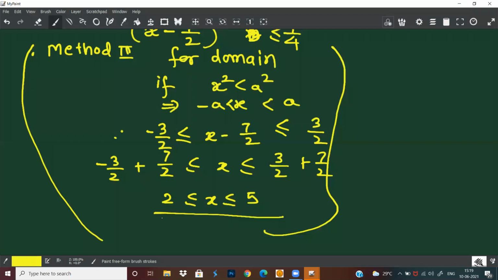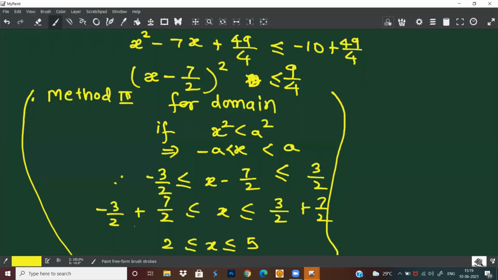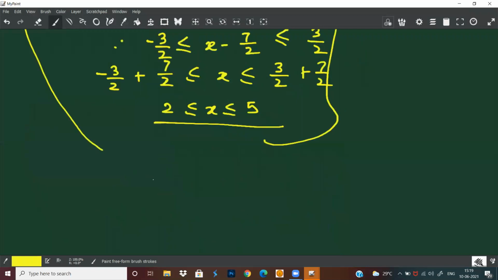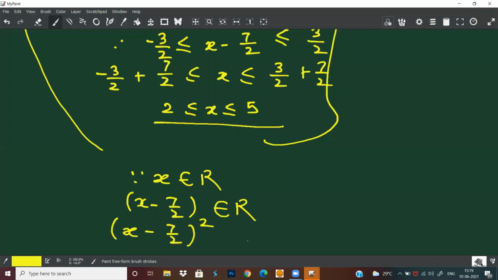So basically, what did we see here? This number is x minus 7 by 2 the whole square. So if my x is real, then x minus 7 by 2 will also be real. So the square of a real number is non-negative. It is 0 or positive.